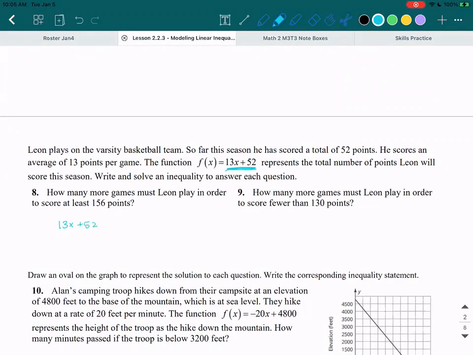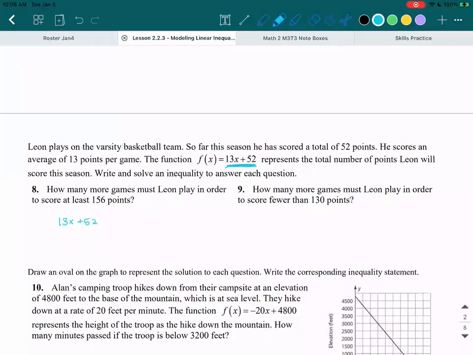That represents the total points Leon will score this season. So we want to score at least 156 points, so I'm going to use the greater than or equal to symbol because you want at least 156. So you want it to be more than, or it can equal 156. So greater than or equal to 156.